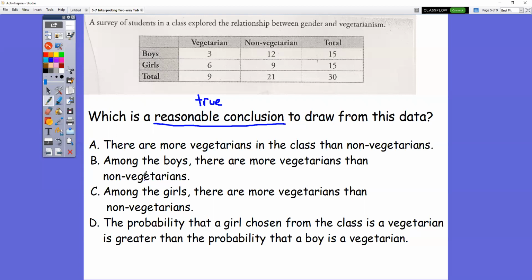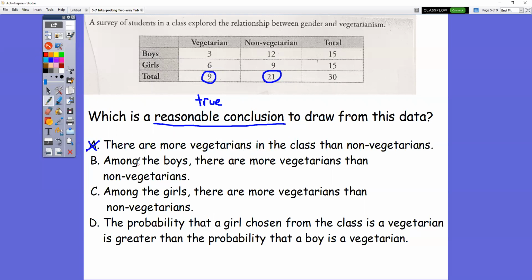So let's start with A. There are more vegetarians in the class than non-vegetarians. So total vegetarians, there are 9. Total non-vegetarians, there are 21. There are more vegetarians in the class than not. Is that true? Is 9 bigger than 21? No, it's not. So A is not true.